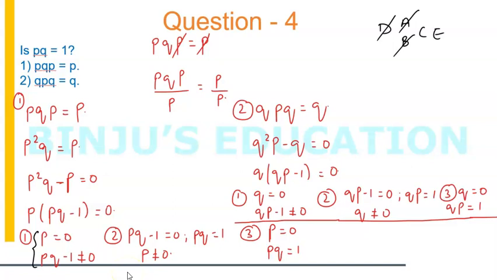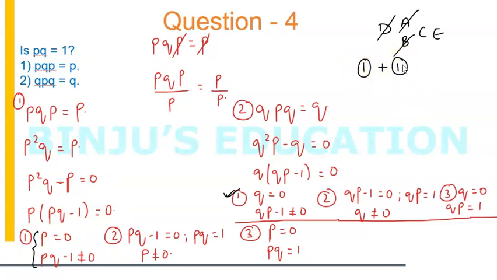Now this can go with this first statement, because if P is 0 and Q is 0, in that case PQ is definitely not equal to 1. When I combine them, I can combine both the ones, that's for sure.